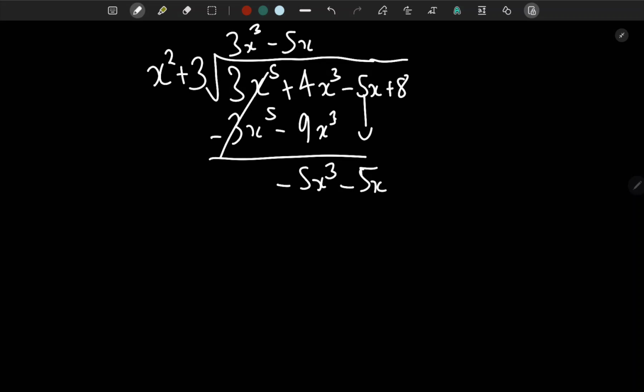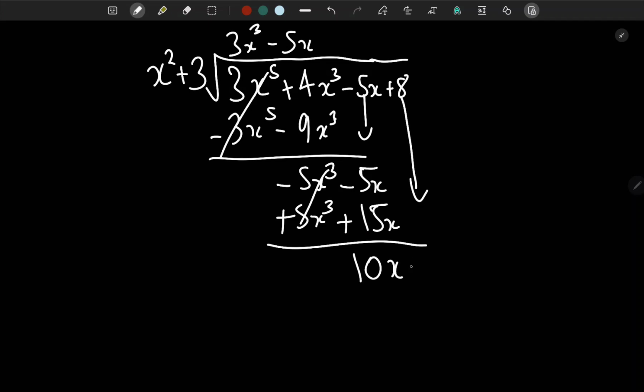So now multiply this back, so it's just going to be minus 15x, and now flip the signs again, so don't forget that, minus minus, and we will be left with 10x, and we need to bring the 8 down.